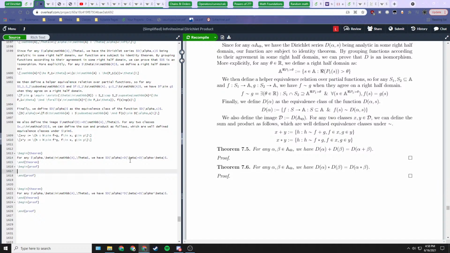For the sum case, let f be in D alpha and g be in D beta. Then it is enough to show that f plus g is in D alpha plus beta.